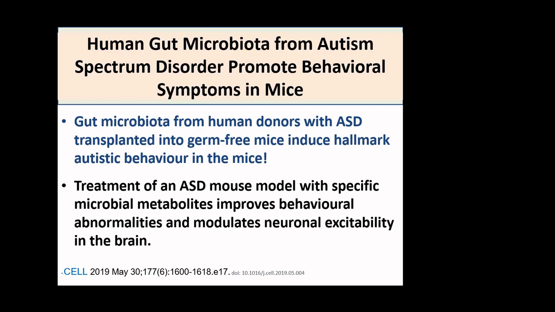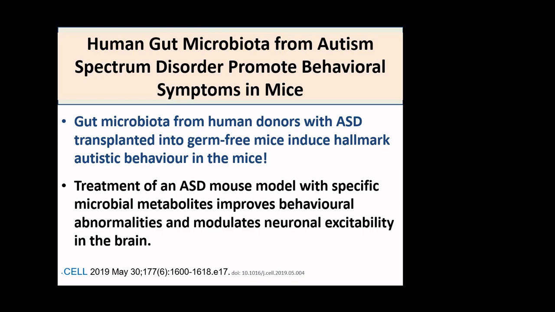Metabolites are some of the stuff produced by the microbes, and some of the healthy microbes produce good metabolites that are known to improve ASD. So they used these metabolites to treat the mice that had developed autistic behavior through the transfer of the microbiota, and they found that the behavior of these mice improved.